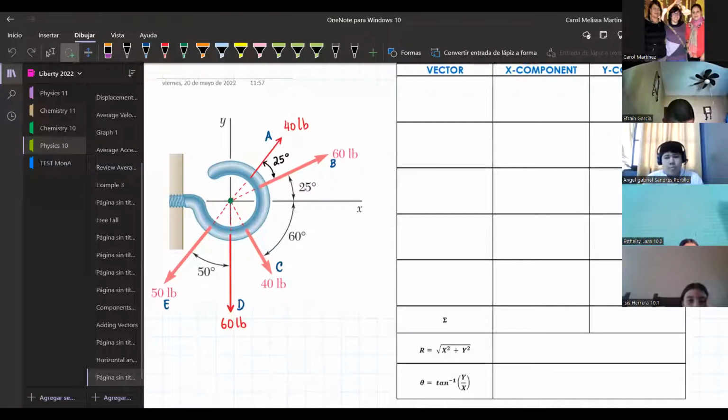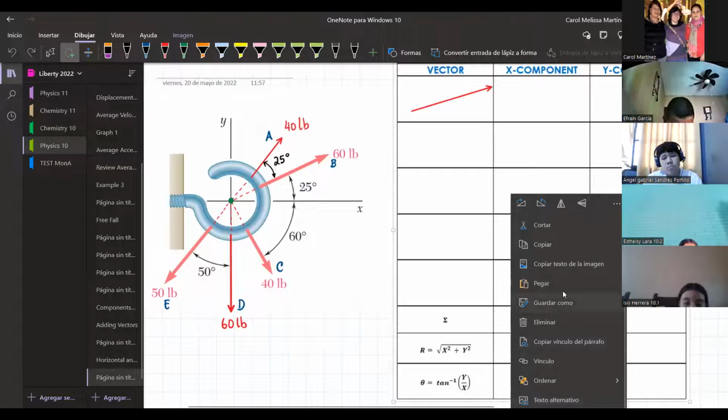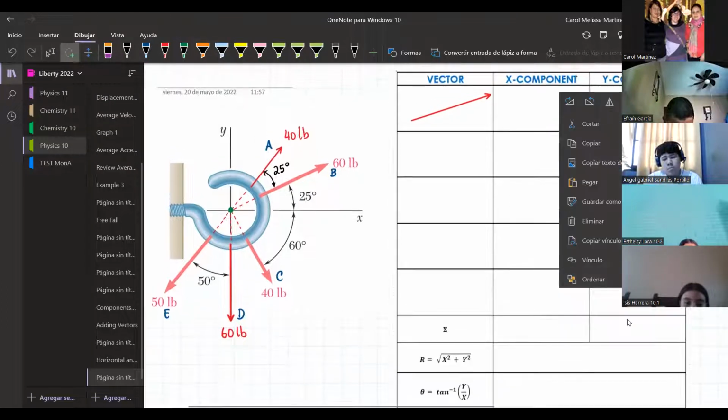So my first vector basically is this. I can work with this.